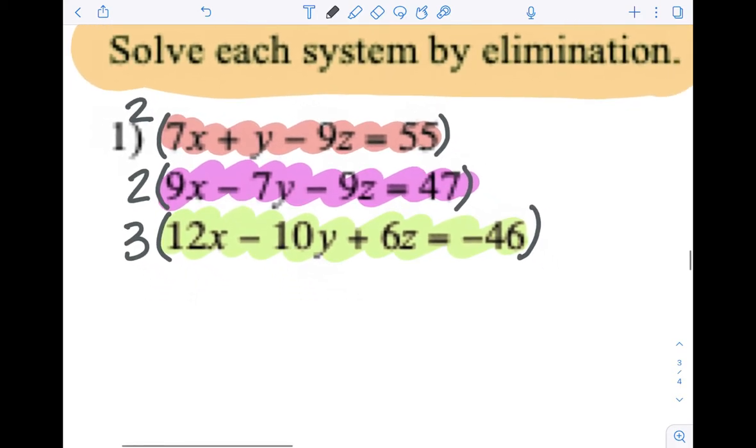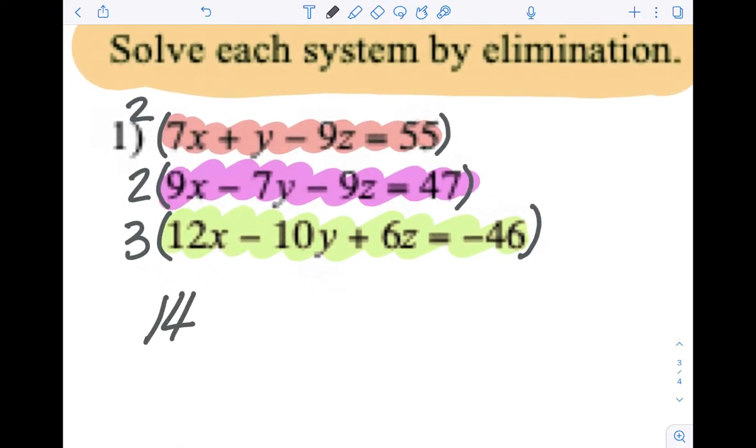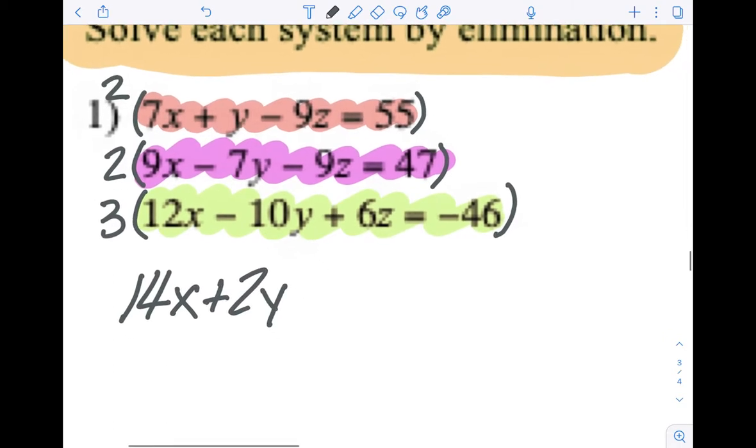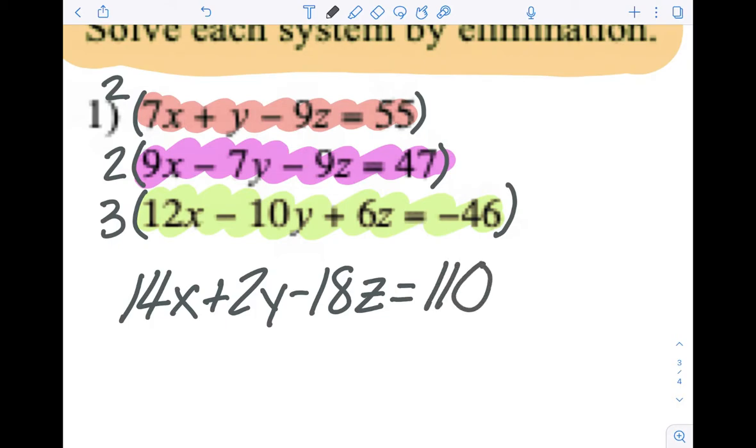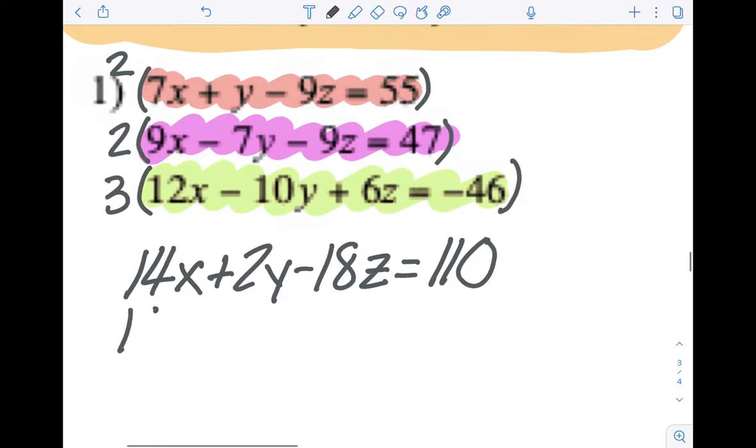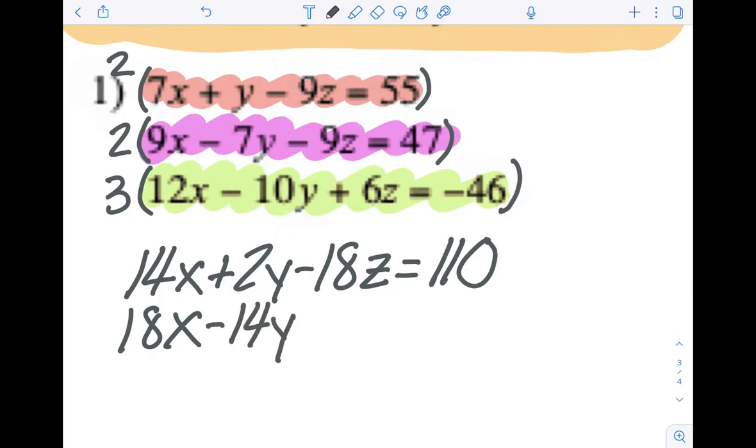So the red equation: 2 times 7 is 14x. 2 times y is 2y. 2 times negative 9z is negative 18z. And 2 times 55 is 110. All right, now the pink: 2 times 9x is 18x. 2 times negative 7y is negative 14y. 2 times negative 9z is negative 18z, equals 2 times 47 is 94.